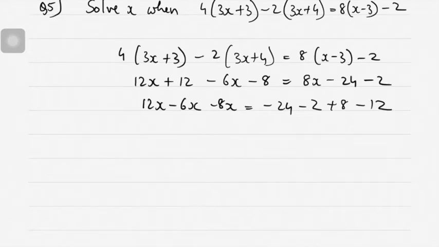Okay. Now 12x minus 6x minus 8x is 8, 9, 10, 11, 12, 13, 14. So minus 2x is equal to, this comes to 12.